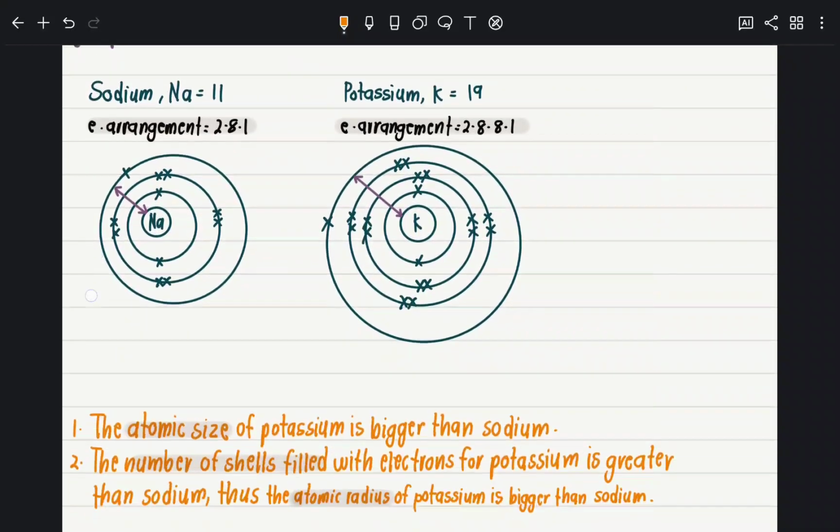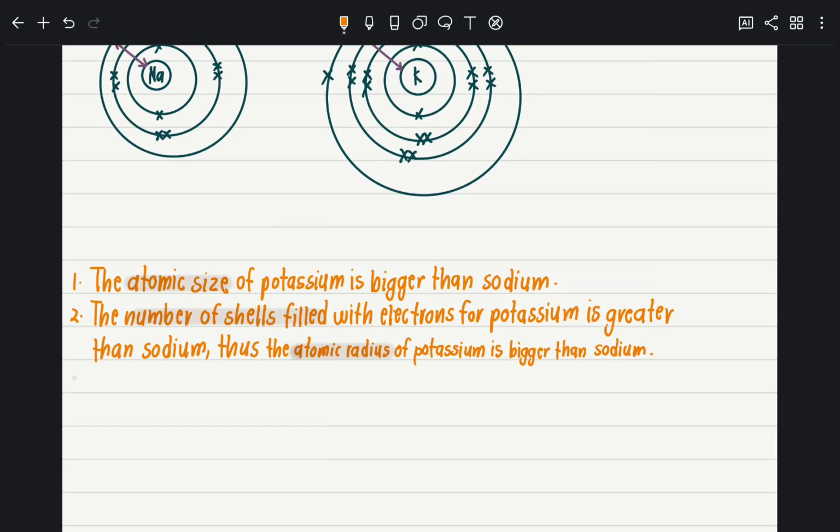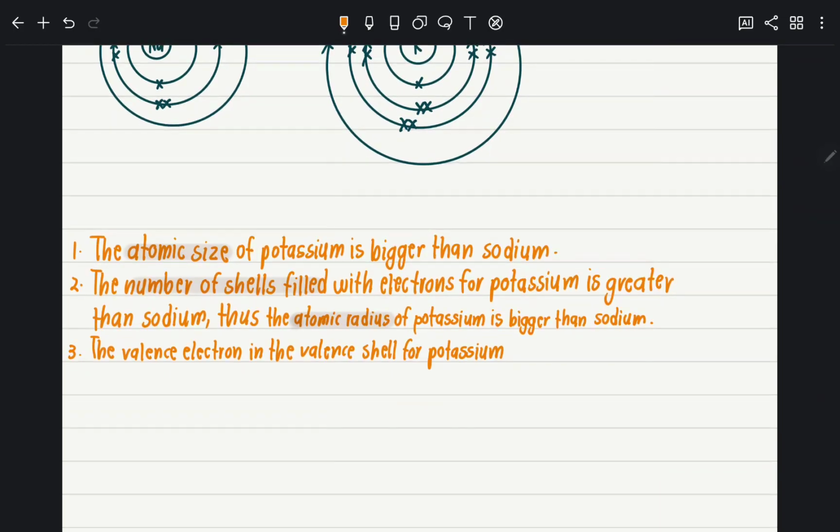So you can say like this: the valence electrons in the valence shell for potassium is further away, or further apart.